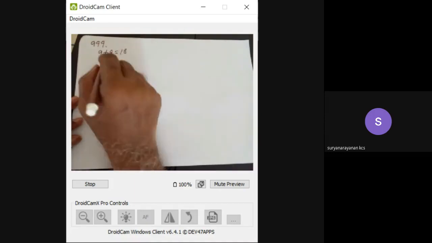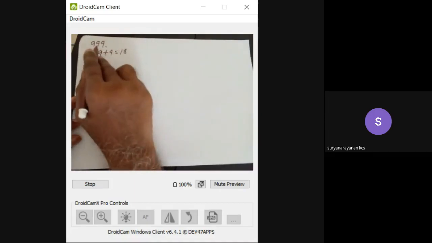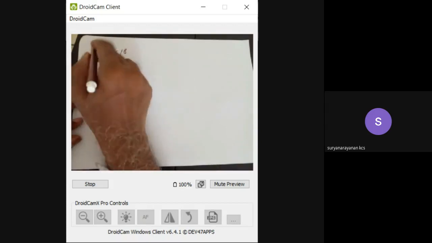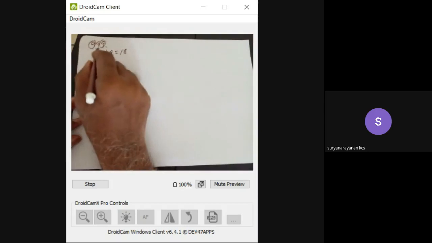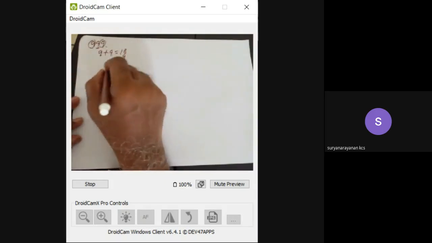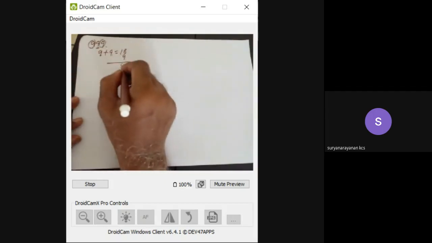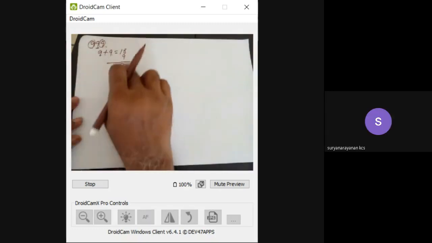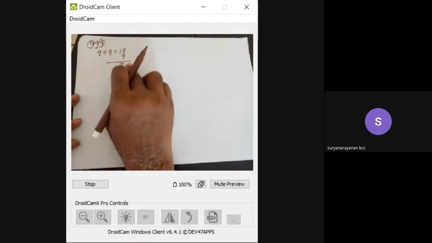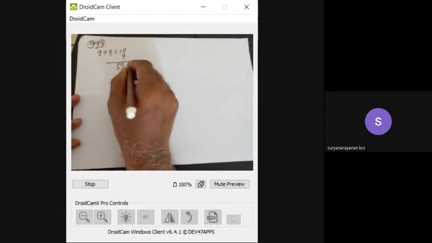The digit which is left is only 9. We have added these, and this number is left. Write that number. The difference of these two numbers is 9. So this number is not divisible by 11. Yes or no?